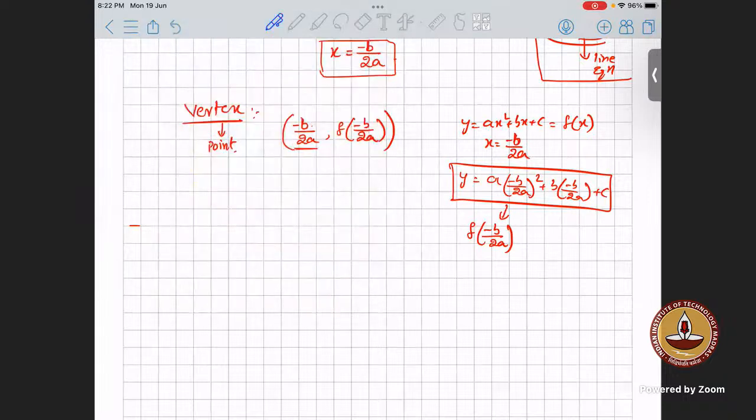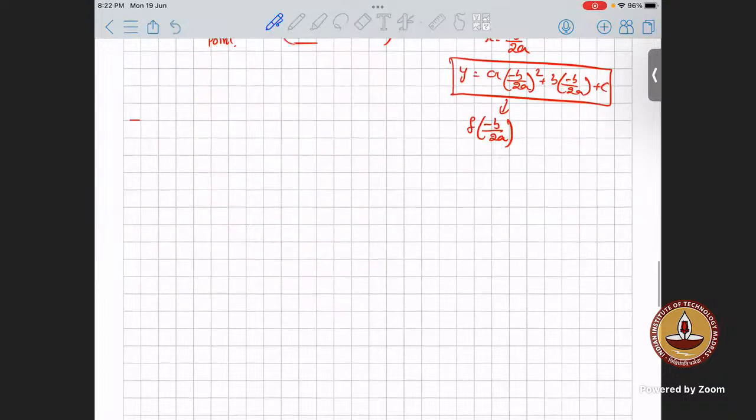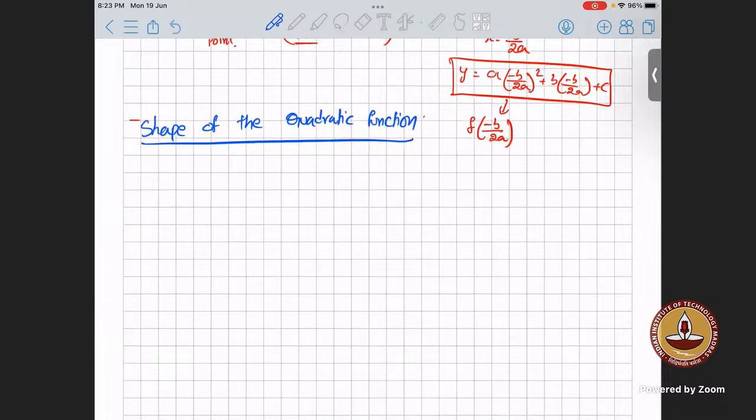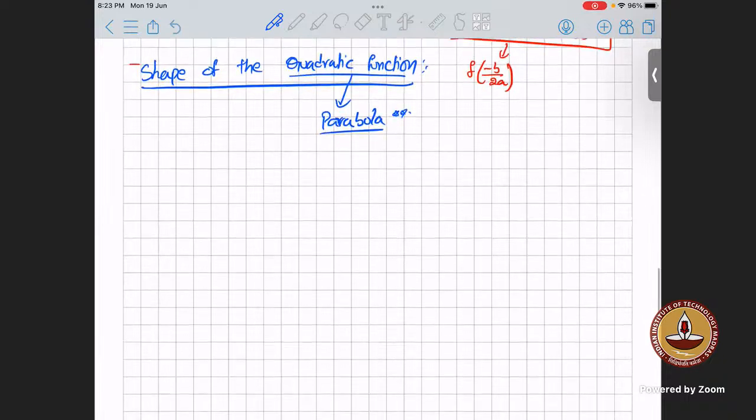Listen to this very carefully. The shape of the parabola, the shape of the quadratic function. Remember this: a quadratic function is also known as a parabola.